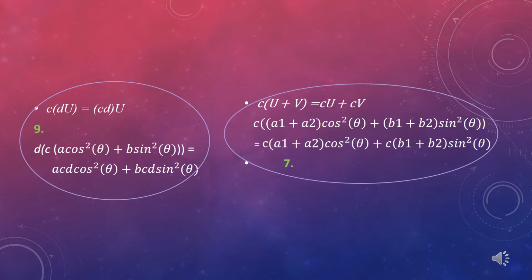So rule number 9 holds true, and I can also distribute scalars over vector addition. So if I added two of my forms together and then multiplied by some outside scalar, I get the same thing as if I individually multiplied the vectors by that scalar and then added. So rule number 7 holds true also.